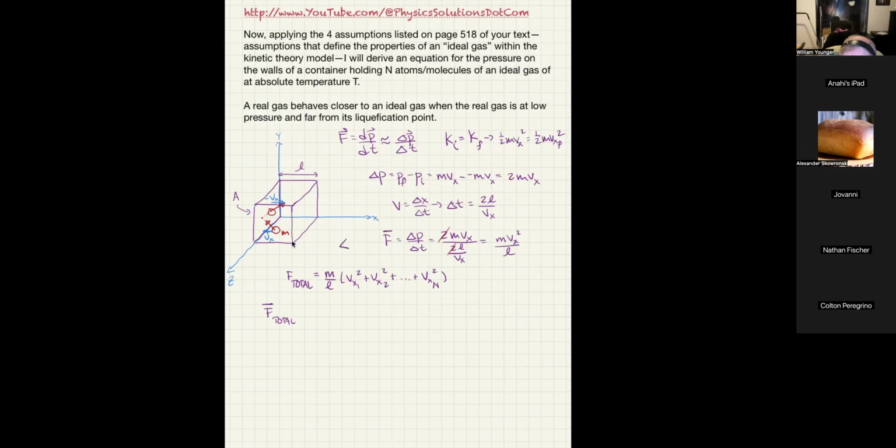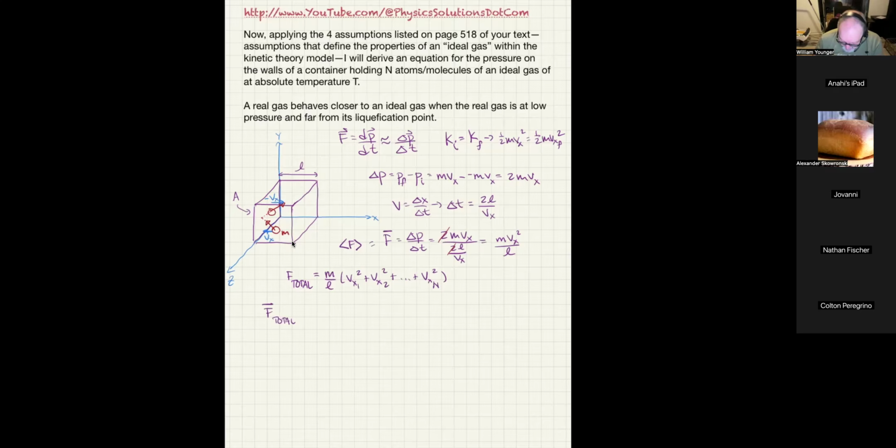Another way we indicate average is sometimes we put less than and greater than symbols around it, like parentheses. Keep that in mind.